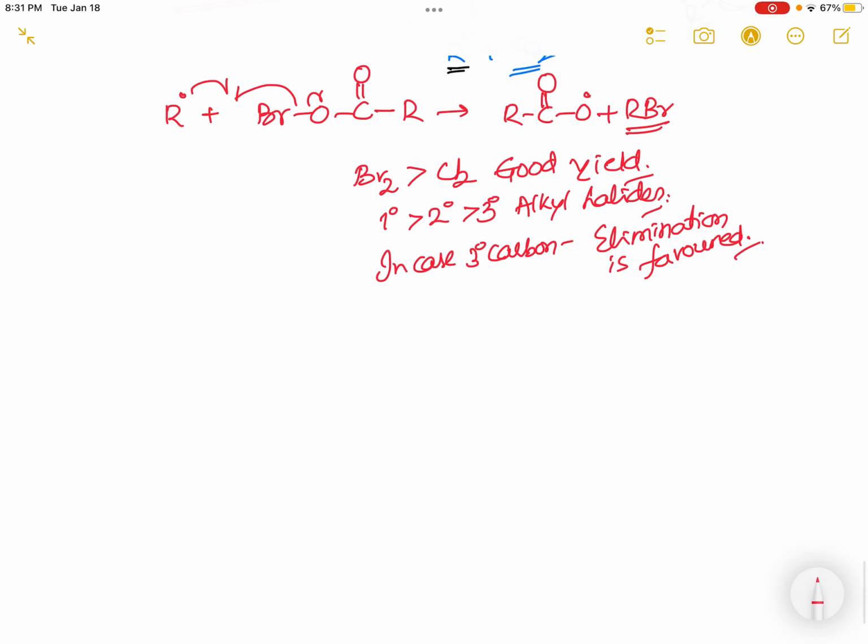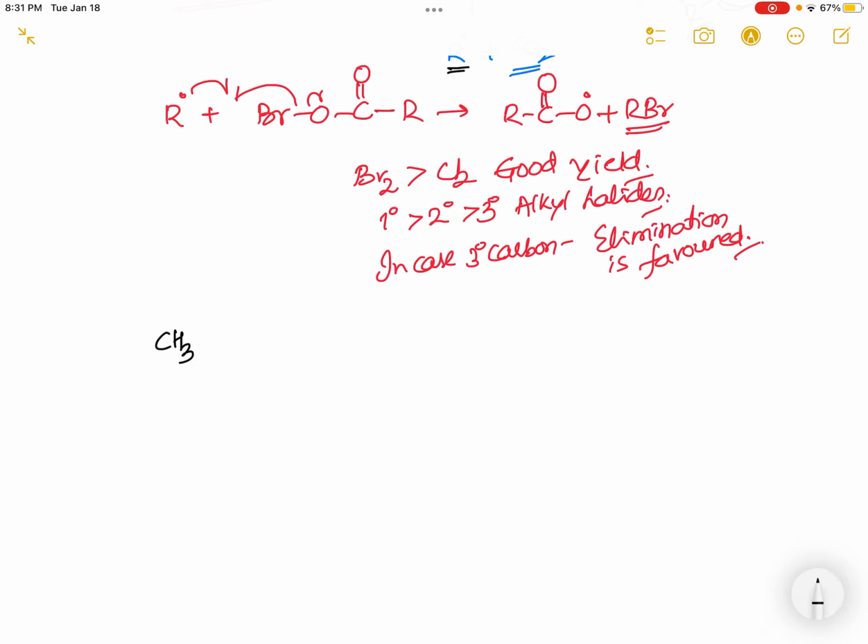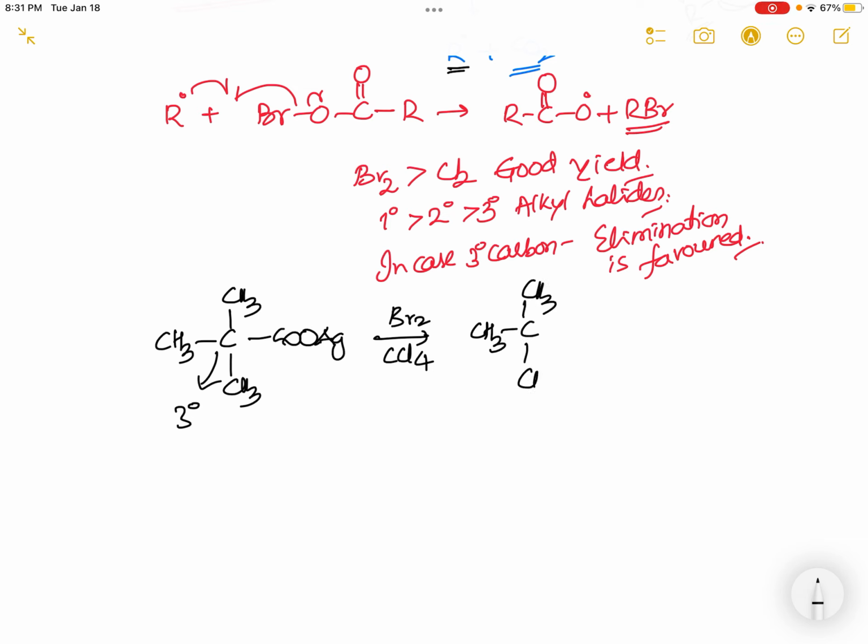Look at this. What actually happens is, for example, we have (CH3)2CH-, this is a tertiary carbon, about which we are talking. This is COOAg. When you are treating with bromine, CCl4, heating, (CH3)3CBr is what you are expecting.